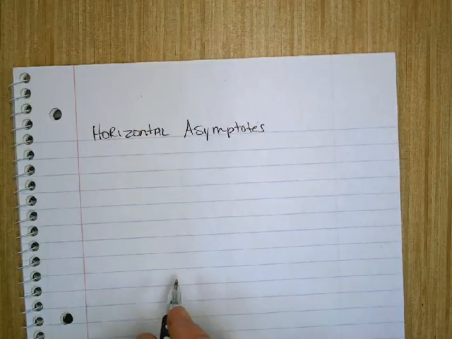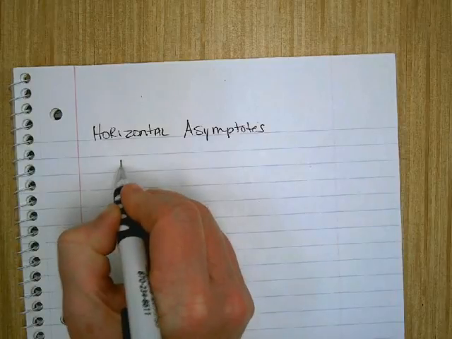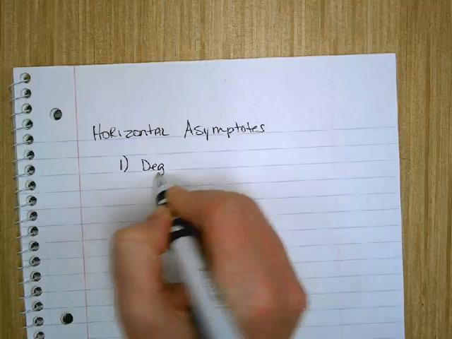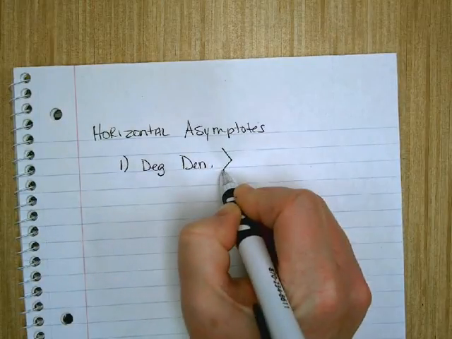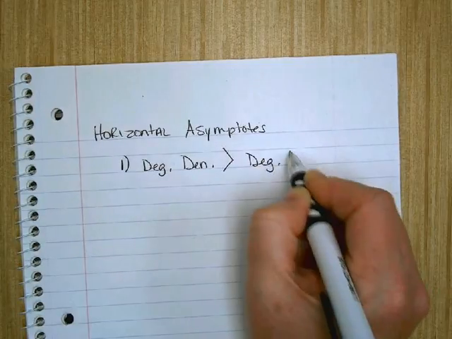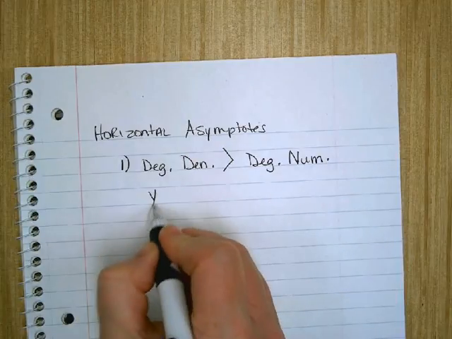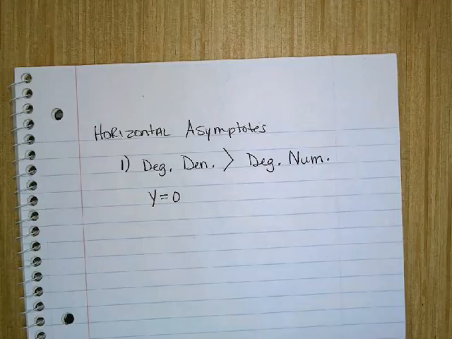Write this down. Category 1. If the degree of the denominator is greater than the degree of the numerator, the horizontal asymptote occurs at the line y equals 0.